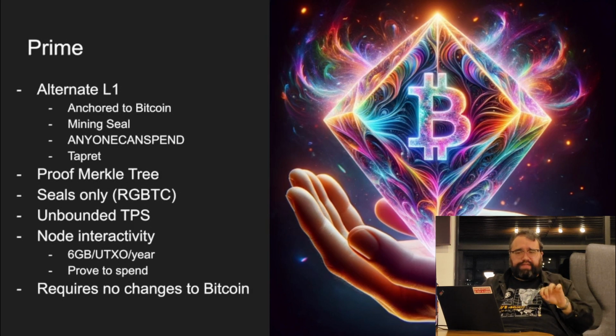And this is really good for high volume transactions, back and forth, like it might be a good alternative to Lightning or Ark. And one of the best things is it requires no changes to Bitcoin.